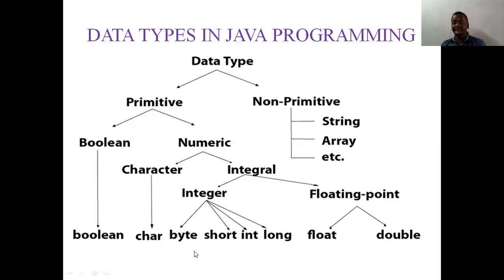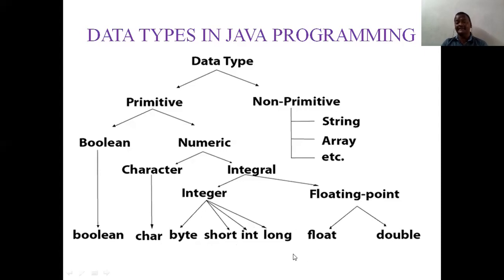So how to find the range of the data? If the size is 8 bit, then the range is 2 power 8. If n is the size, then the range is 2 power n. So in short, the length is 16 bit, that is 2 byte. Integer is a 4 byte length. Long is an 8 byte length.